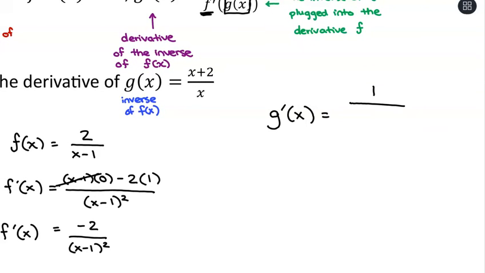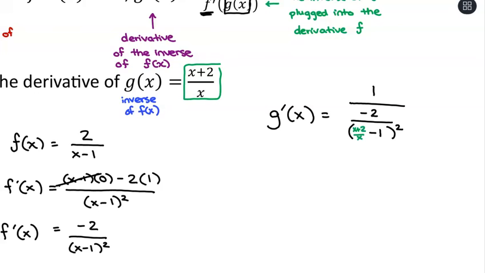So in the denominator here, I'm going to take that derivative, negative 2 over (x minus 1) squared, but instead of plugging in x there, we're going to plug in our function g of x.